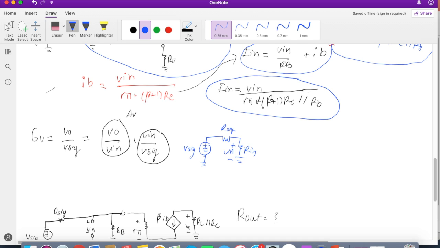Now simply just a simple voltage divider, V in equals R in V sig divided by R sig plus R in. Now we can see if we just divide both sides by V sig, we'll end up with V in divided by V sig.